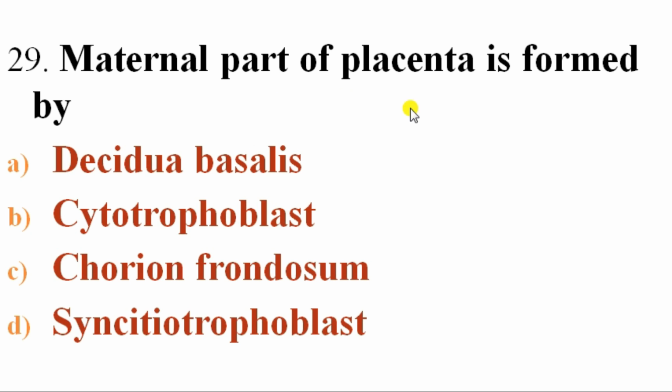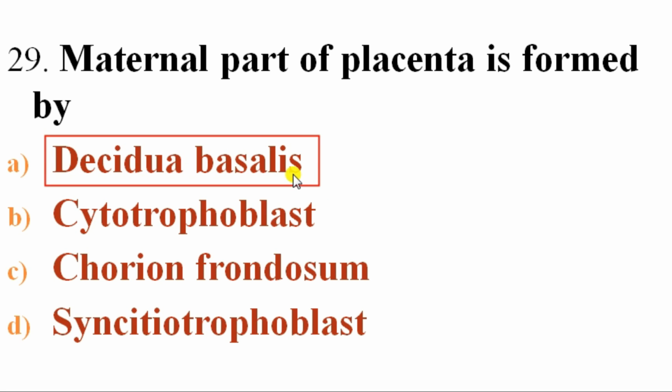Maternal part of placenta is formed by options A. Decidua basalis, B. Cytotrophoblast, C. Chorion frondosum, D. Syncytiotrophoblast. Answer is A. Decidua basalis. So decidua basalis is the maternal part of placenta and the fetal part of the placenta is the chorion frondosum.